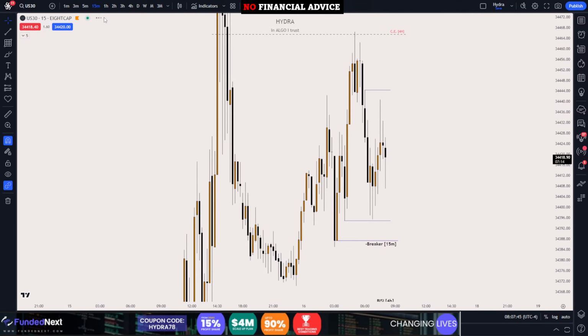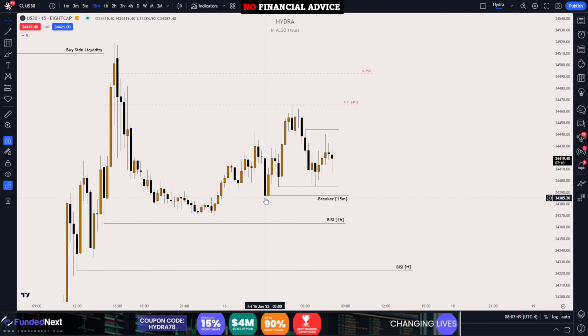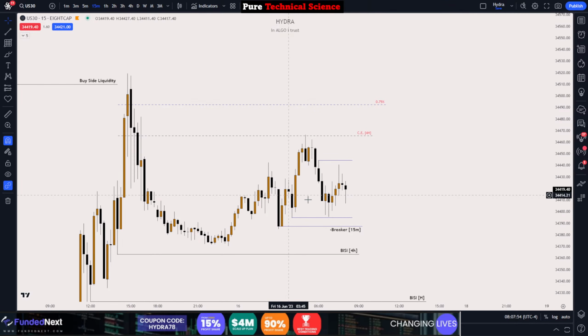Okay, let's talk a little bit about this breaker. This is the lowest down close candle. I'm not marking this candle as a breaker block. Why? Because as our mentor says in his video, we want to mark the lowest down close candle as our breaker.